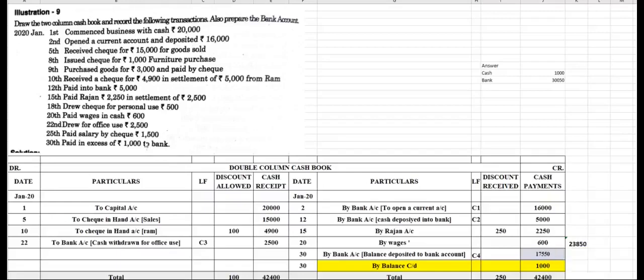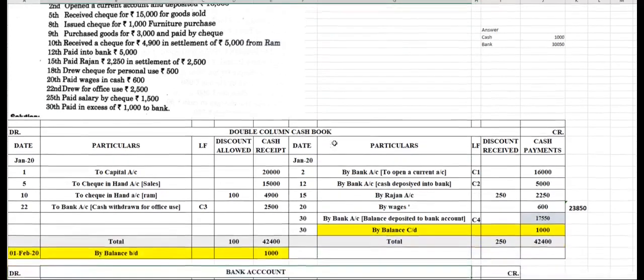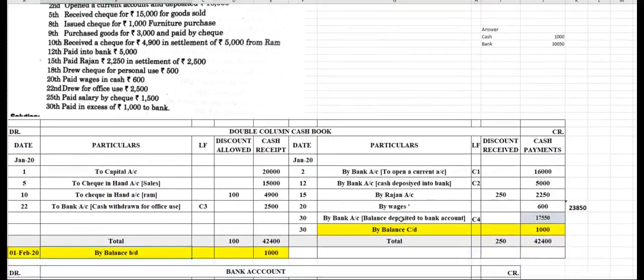This on 30th paid in excess of rupees 1,000 to bank. What they are trying to say here is that 1,000 rupees of cash book we have to retain as a balance. Whatever the remaining is there, that should be deposited into bank on 30th. That is what I have solved this, and I got to know that this is the transaction.